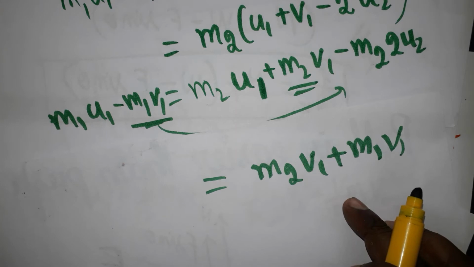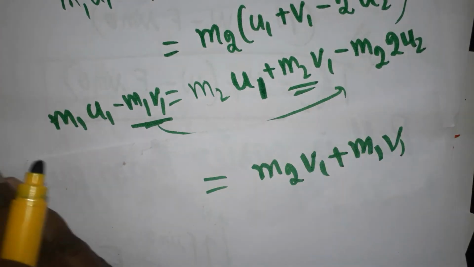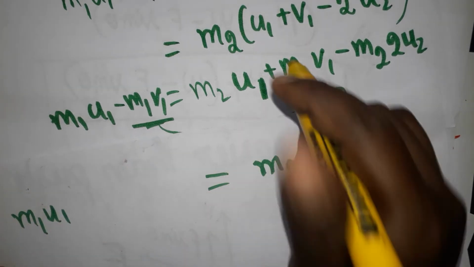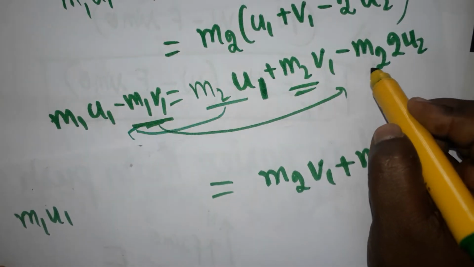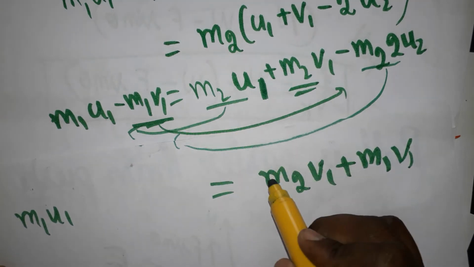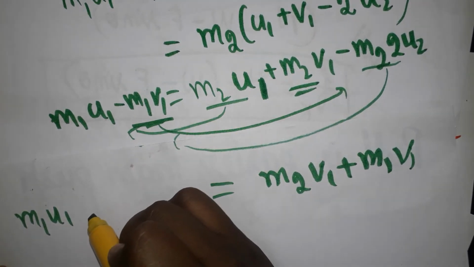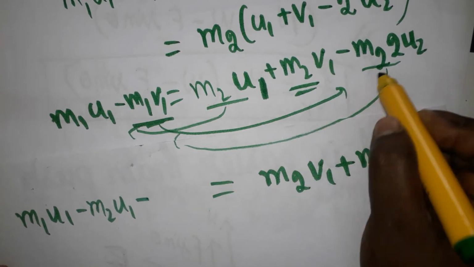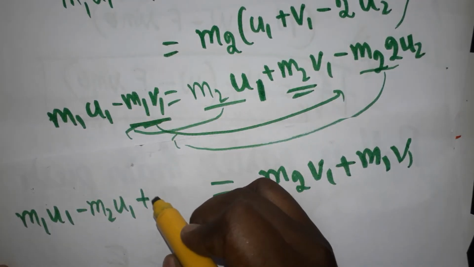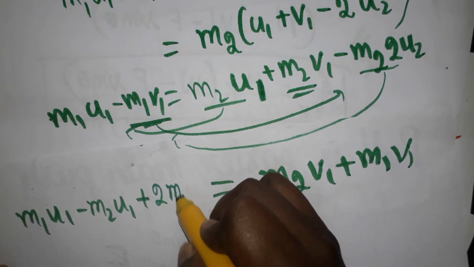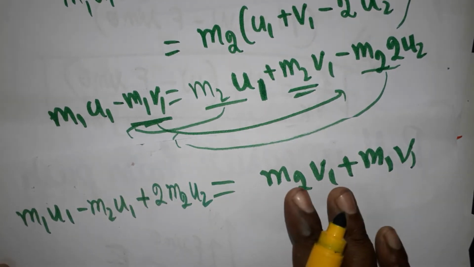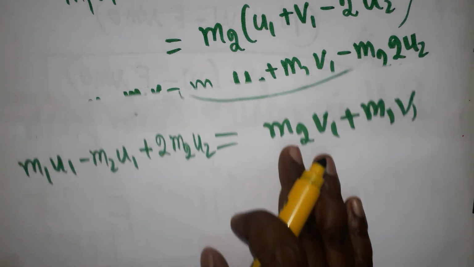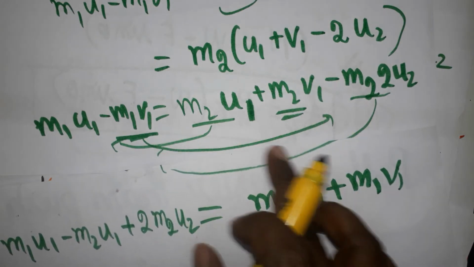Remaining terms I am bringing to the left side: m1 u1, from here to here, becomes negative, so minus m1 u1; and minus m2 u1 is going to become plus, giving 2 times m2 u2. Same equation, I just modified it. All v1 I brought to one side, all the remaining terms to the other side. Just a modification of the above equation.